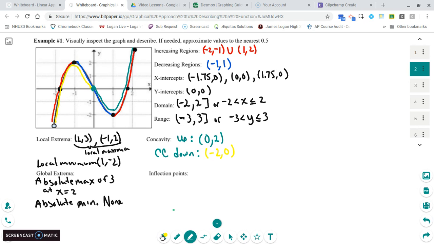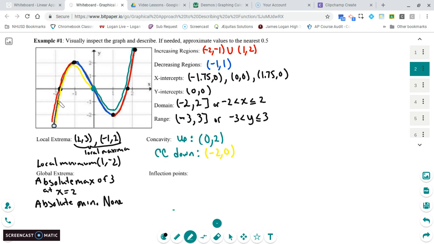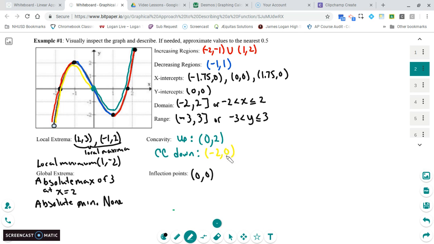Now, did I have a change in concavity? I certainly did, right? That change occurred at the origin. That's where I decided to change. I'm not sure if that's where it changes. Could be up here a little bit, could be down here. I'm not sure, but it's somewhere in this region. I know concavity is changing from concave down to concave up, so I'm just going to call it at the origin. When we do this analytically, you're going to find a precise point. That's the cool thing about the analytical method, is the precision. We're not estimating.